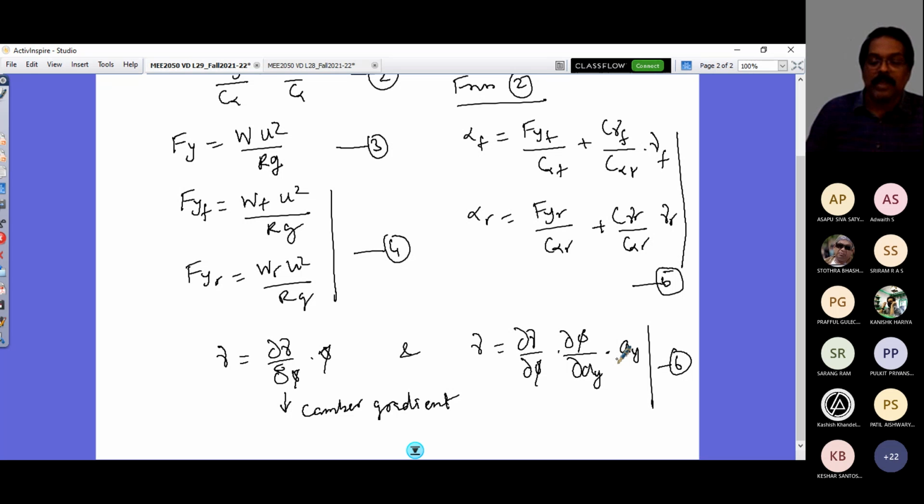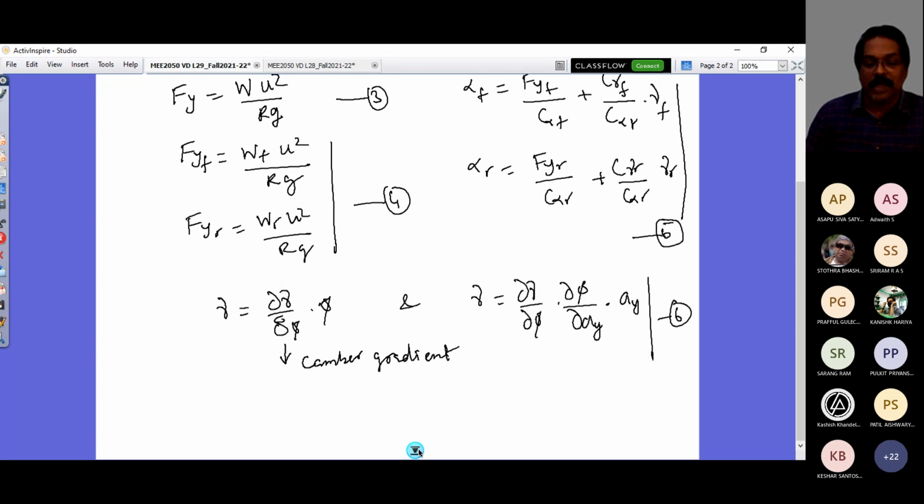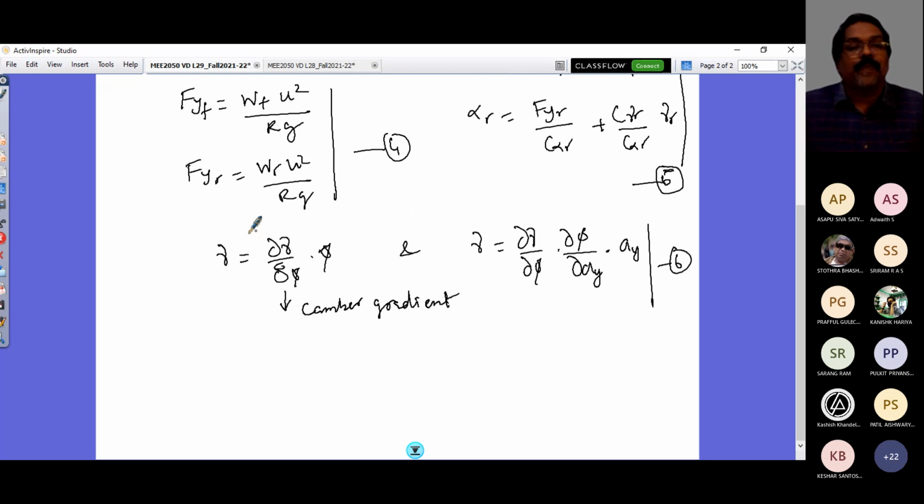Now I can substitute this into my equation 5, from equation 4 and 6. I have to put both of them into this, and I would be able to get the following equation.